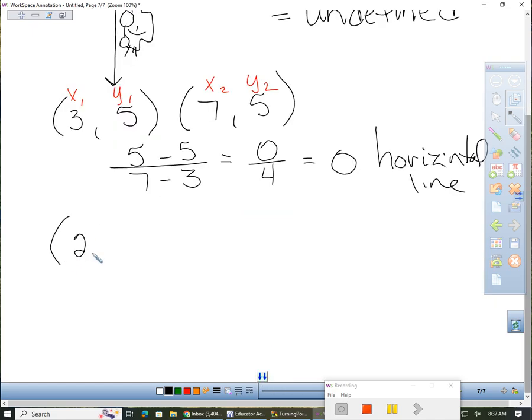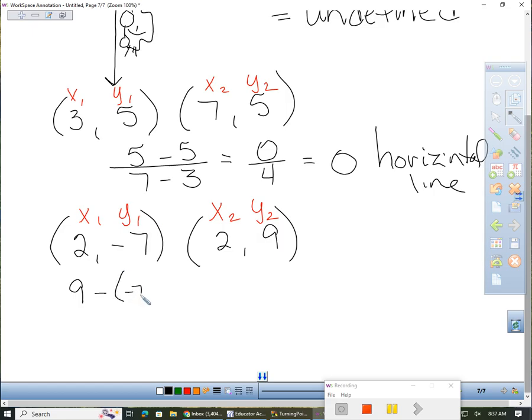Let's say I have 2, negative 7, and 2, 9. So again, this is my x1, y1, my x2, y2. All right, y2 minus y1 over x2 minus x1. 9 minus a negative 7 is 16. 2 minus 2 is 0.